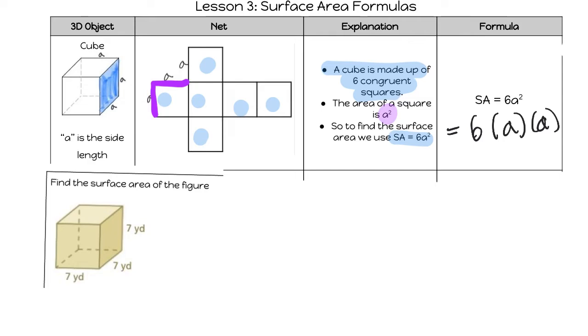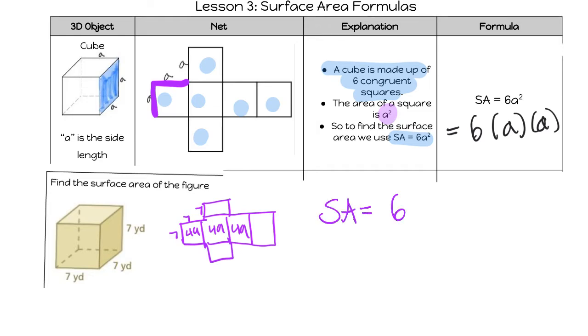So here on this example, if I drew it, these measurements are all 7. So I could go through and do 7 times 7 is 49, plus 49, plus 49. Or I can use my formula.